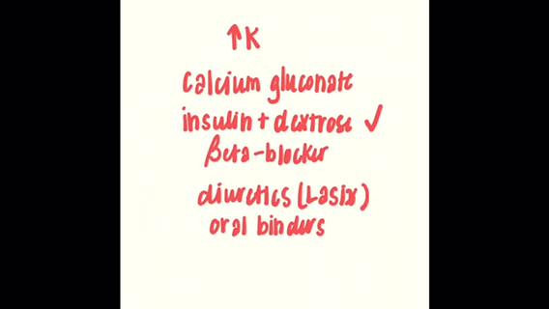So, like I said, you have your calcium gluconate to stabilize your cardiac membranes in an emergency situation. Your insulin and dextrose would be the mainstay of treatment in the short term to lower your potassium levels. And then diuretics and oral binders are more long-term options to try to decrease the total amount of potassium in the body.